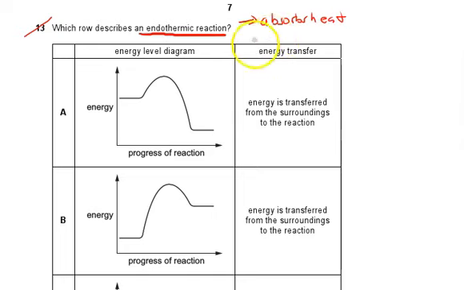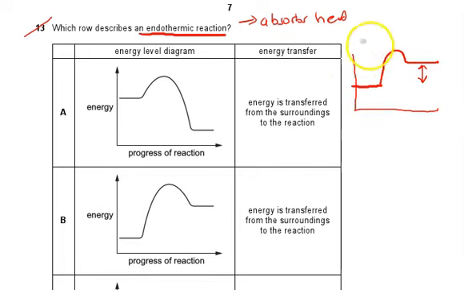So the graph should be this: the reactant, this activation energy, and the graph will end up with a higher energy level. So this is how it should be.